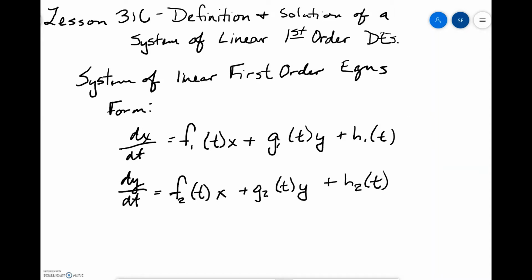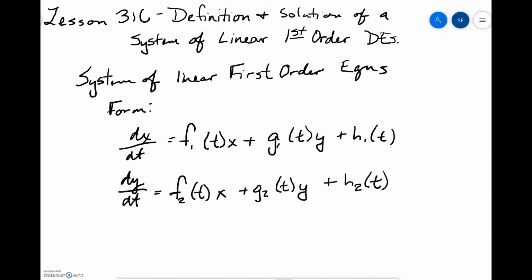We've got dx/dt is some function of t times x and some function of t times y, and then some function of t by itself. And then dy/dt has, again, some function of t times x, some function of t times y, and then some function of t tacked on at the end.